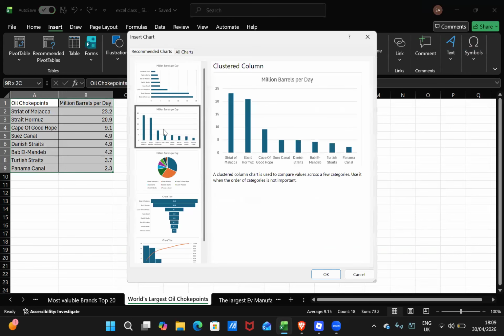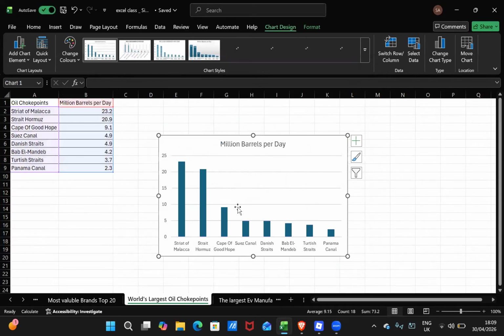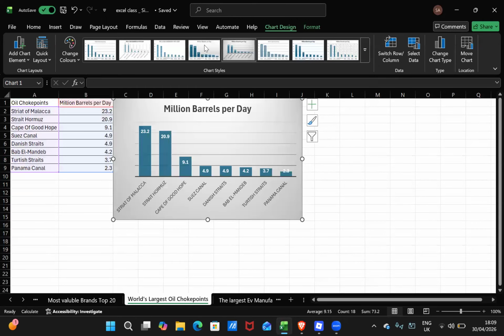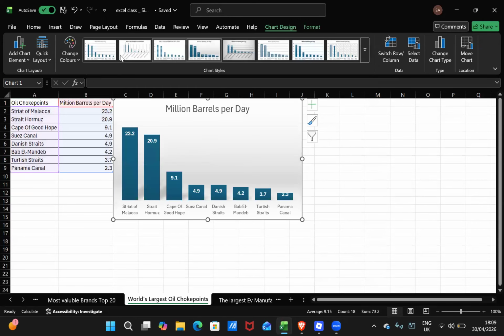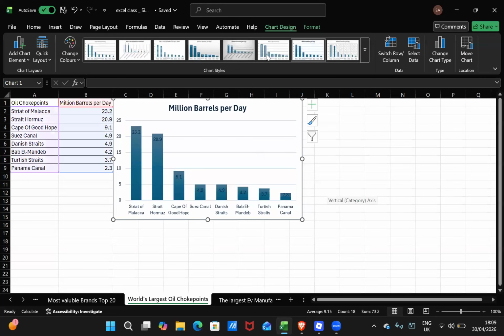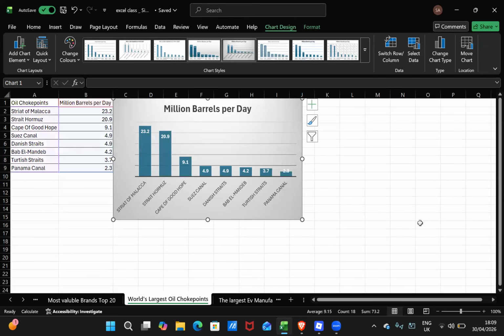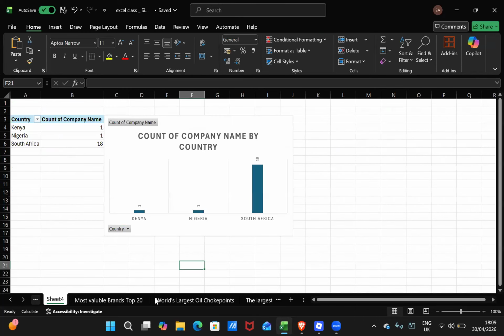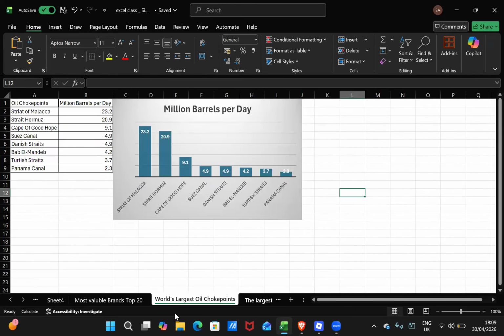Million barrels per day. Okay, this is that one now. The states, the places where there are blockages, right? Yes.